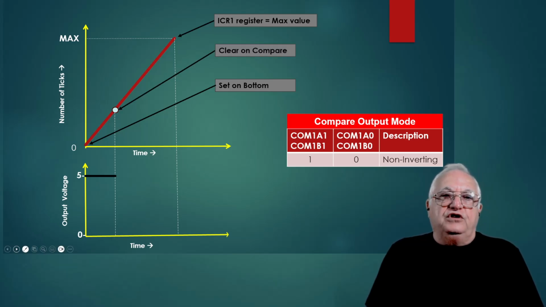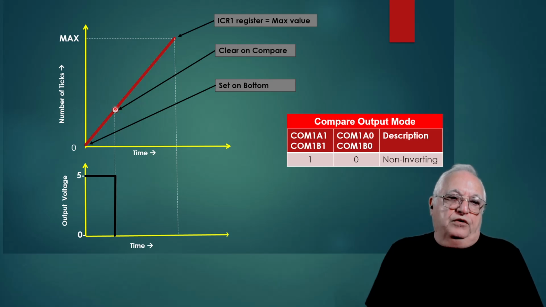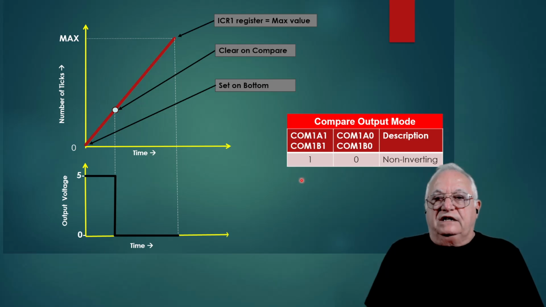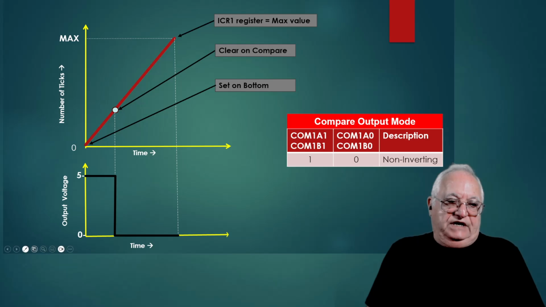Next, if you continue to read the data sheet, it says "clear on compare match". So when you get to this point, the compare value is true, then you want to clear on compare match, which means that the signal goes to 0. So when we select our compare output mode, we select the non-inverting, which means it's going to be clear on compare match and set on bottom of the signal.